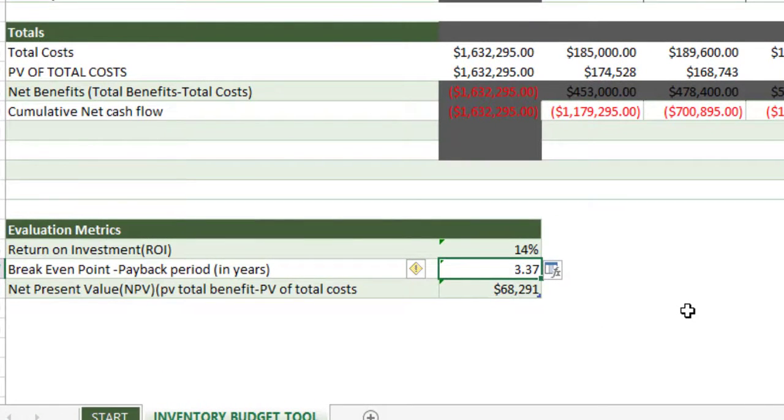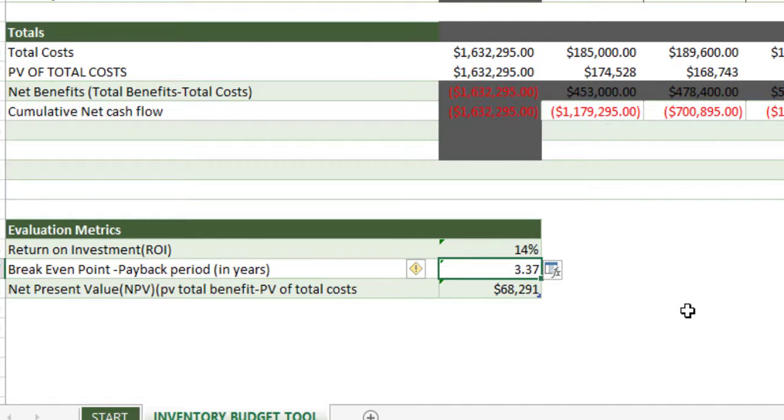So what do these metrics mean? Any return on investment that is positive, or greater than 0, means that the project is worth being invested in. If the return on investment was negative, then it's recommended not to proceed with that project further. The next one is the break-even point.